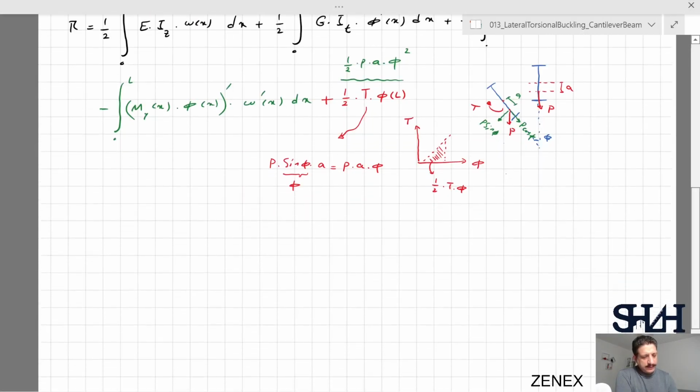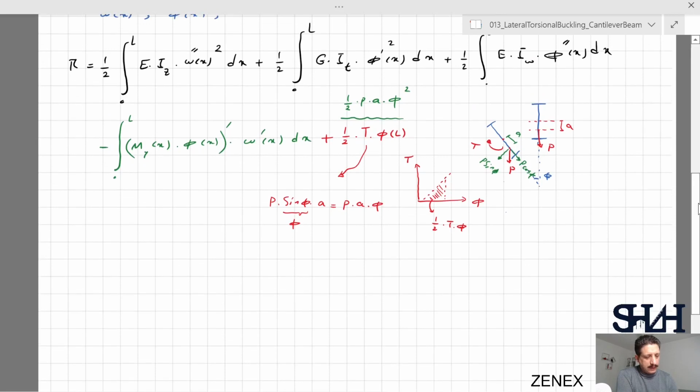Now, to determine the answer of this equation, it is easier if we can find out the shape function of how it would buckle for omega and also for phi. If we look at the section from the top, in X and W or omega plane.